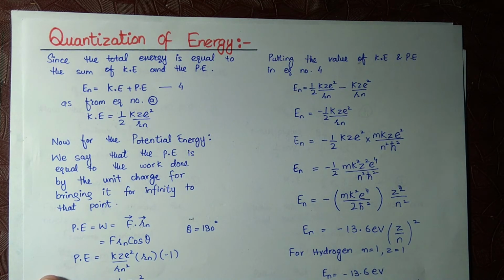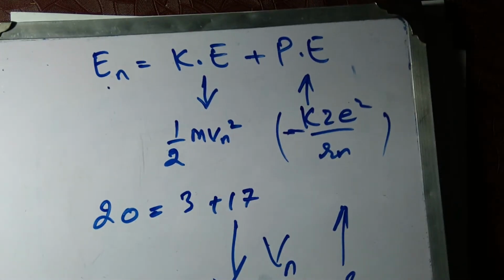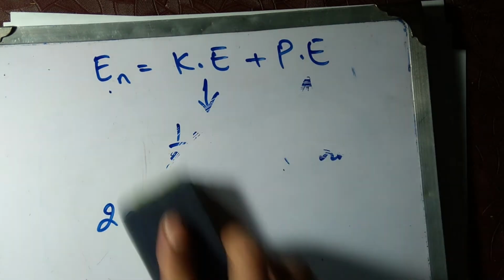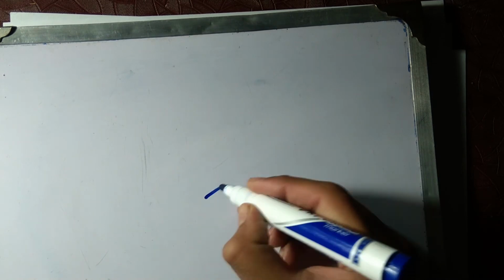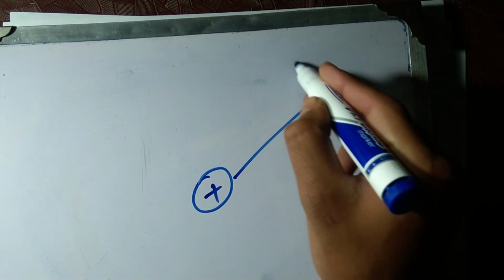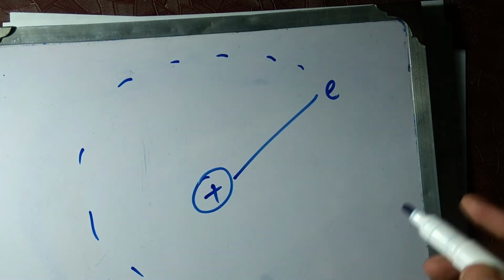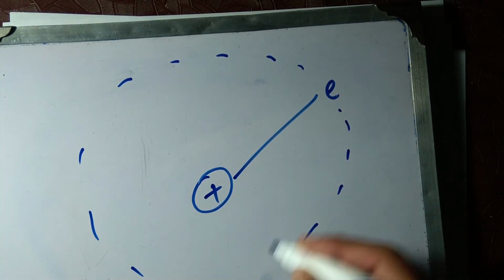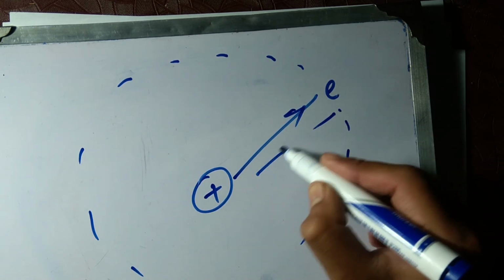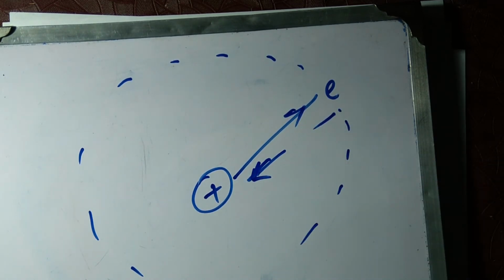Now let's talk about what will be the angle between these. We see that the force from this positive charge to this electron revolving in the radius like this will be in this direction, and its radius will be along r like this.